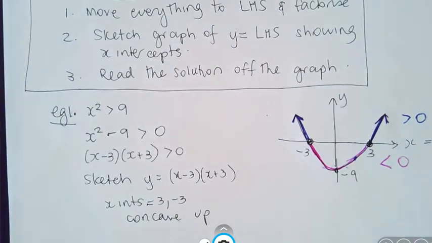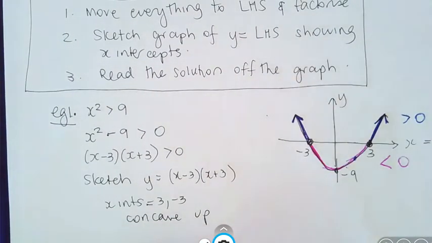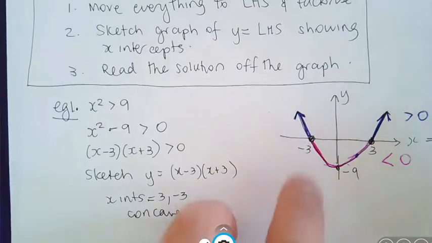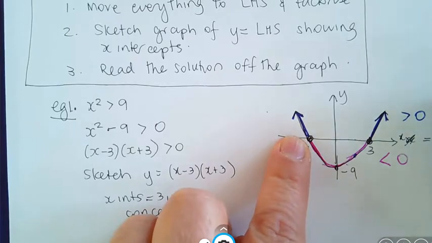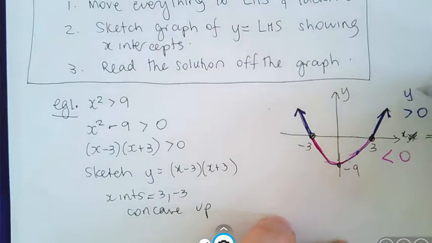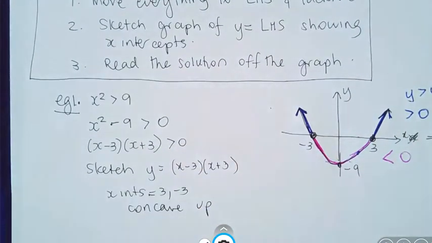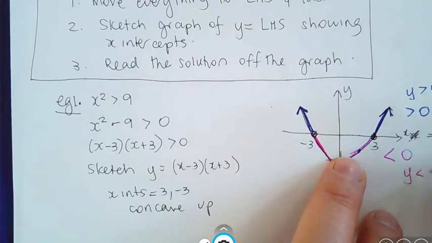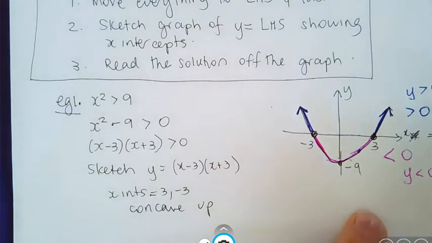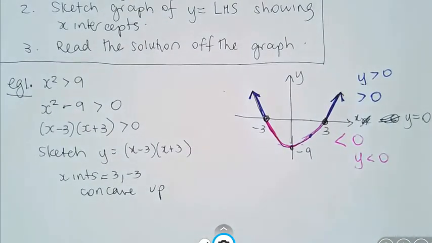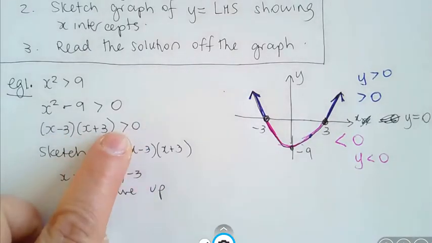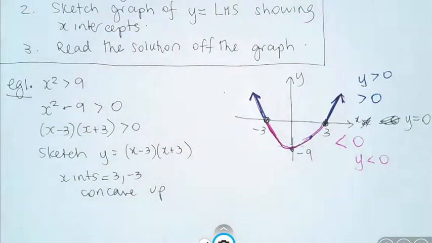So I've got 3 sections. Where it's blue, y is greater than 0. Where it's black on the axis, that's the x-axis, y is equal to 0. Here the y values are less than 0. So now if you want to sketch where this graph is greater than 0, you just read it off.